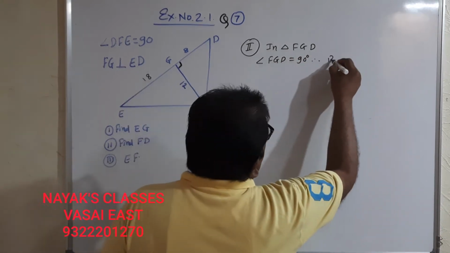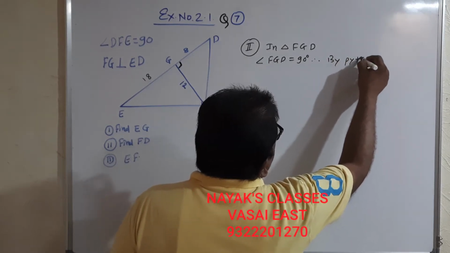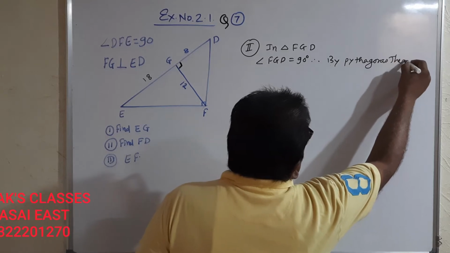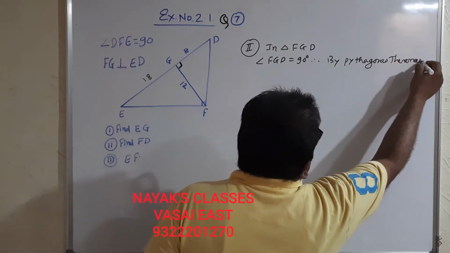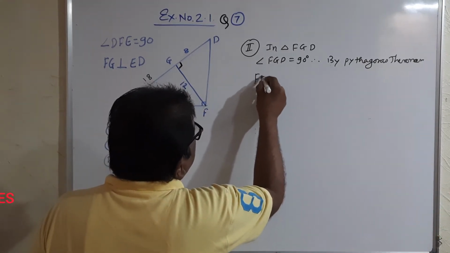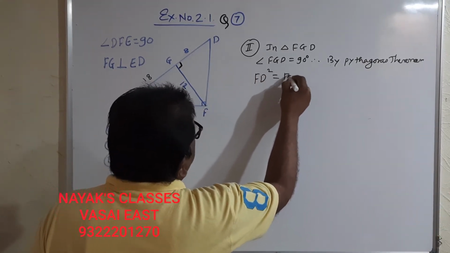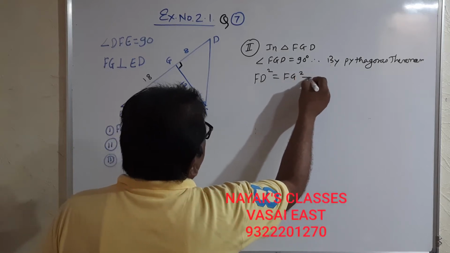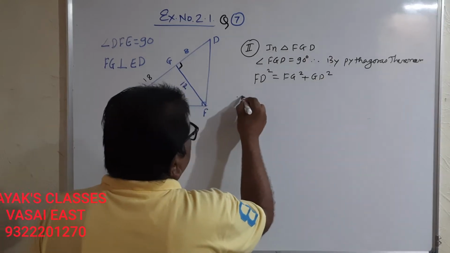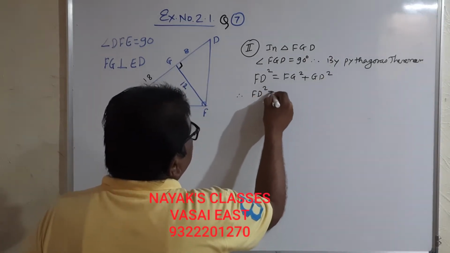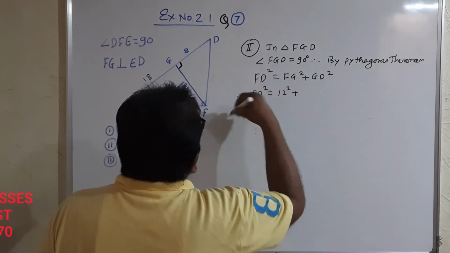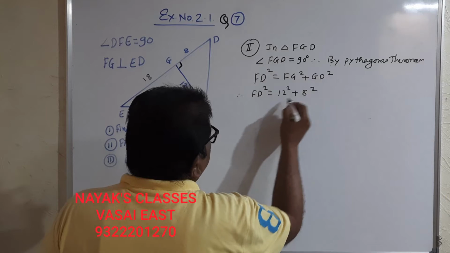Therefore, by Pythagoras theorem, hypotenuse square FD square is equal to FG square plus GD square. Therefore, FD square is equal to FG is 12 square plus that is 8 square.